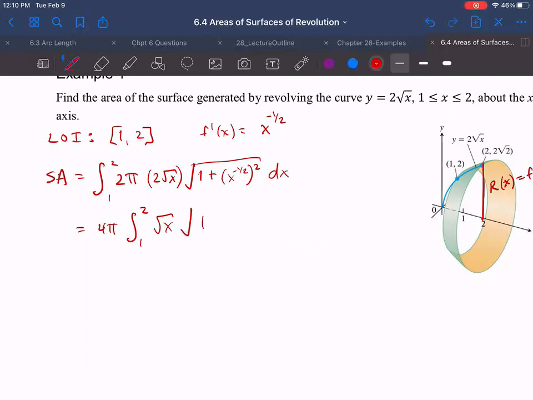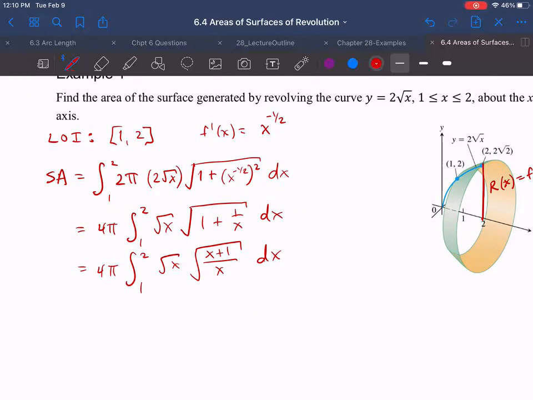So this is square root of 1 plus 1 over X, like that, because it was the square root of X squared, and then dx. And then we can go ahead and do 4 pi, 1 to 2, square root of X. And then this one, we can give these both the same denominator. So this becomes X plus 1 over X dx.